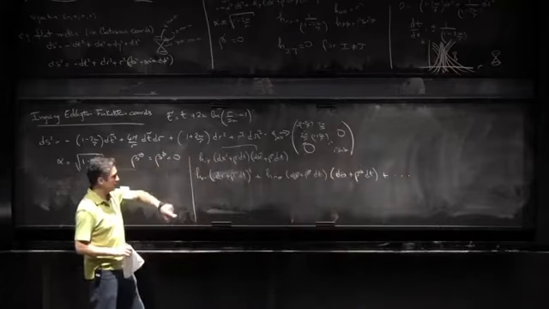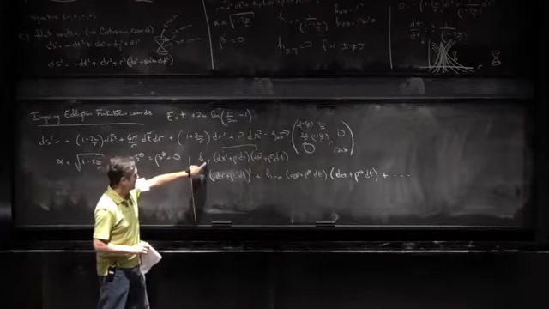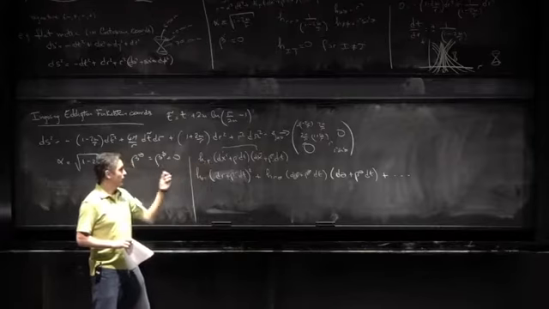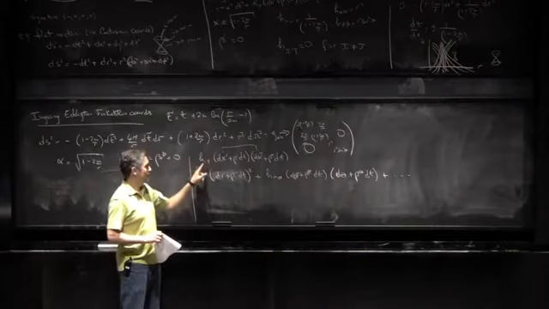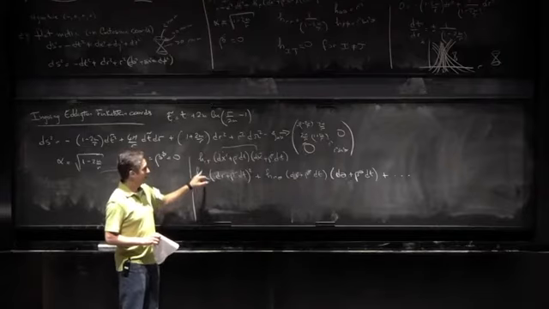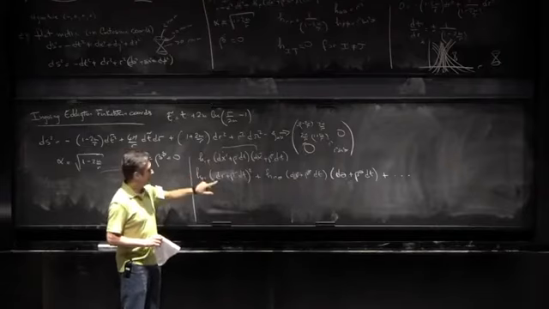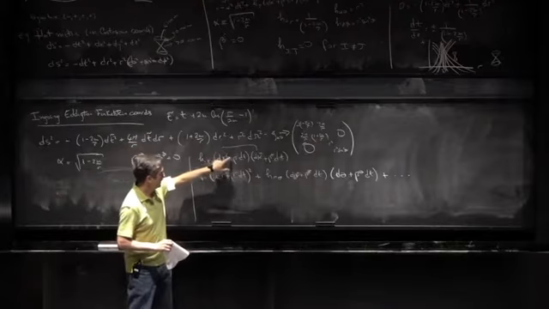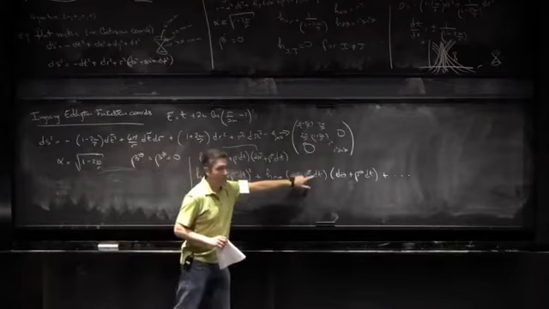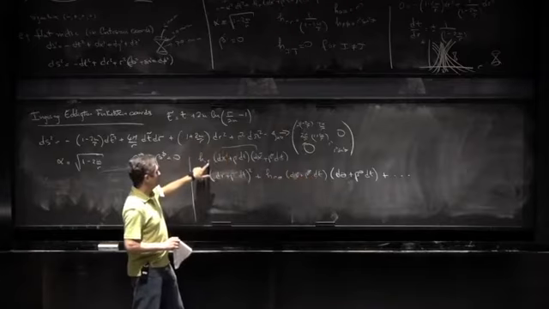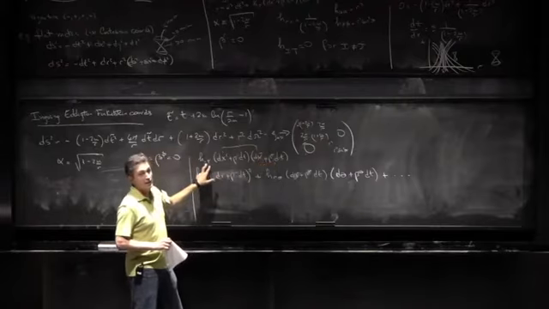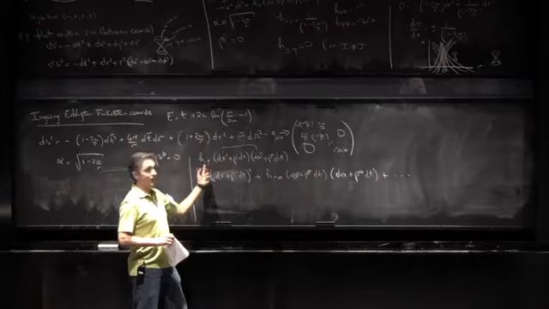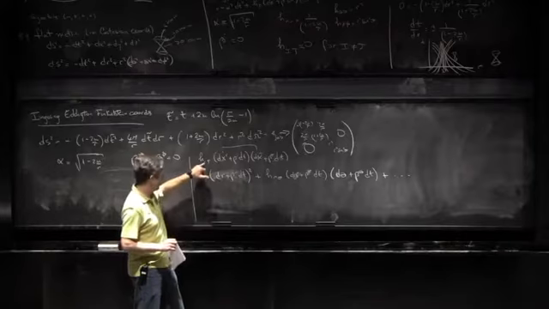Let me not work all the r ones, because this is going to be enough. Here I took the rr. We have to go through all possible values of i and j, which are r, theta, and phi. The first one I took rr. The second one I took r theta. If I put r here, then I have to put r and r there. That gives me the dr plus beta r dt. If I put the theta here, I have to put d theta, beta theta, but then I have an r1, which is the theta r, because I have to have all possible values of i and j.